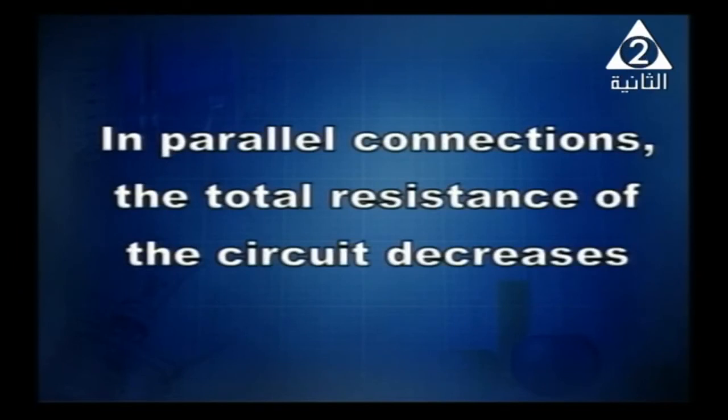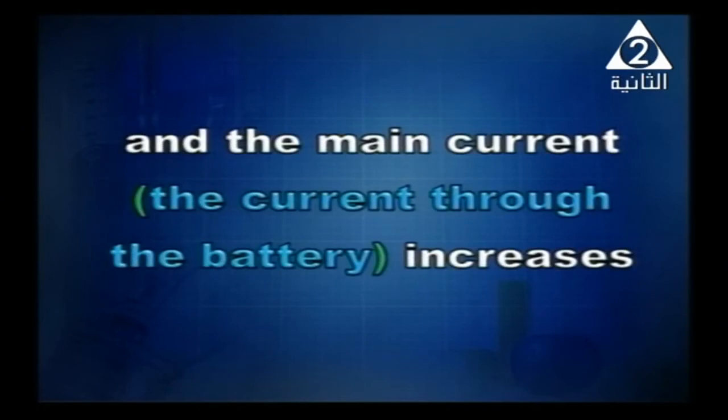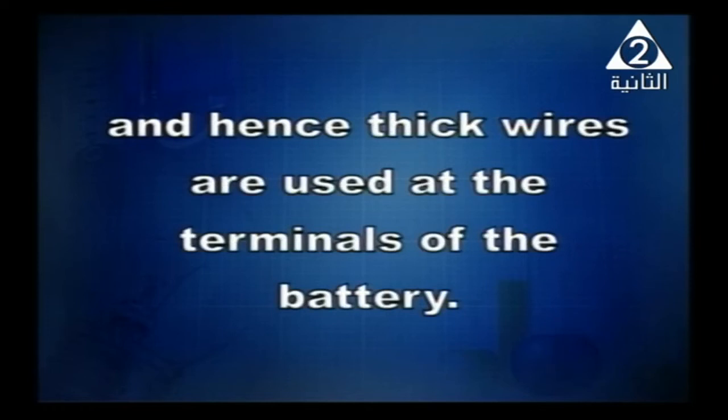Why? In parallel connection, the total resistance of the circuit decreases, of course. So the main current, the current through the battery, increases, and hence thick wires should be used at the terminals of the battery. But what happens to this main current? This current will split when entering a group of resistors connected in parallel.